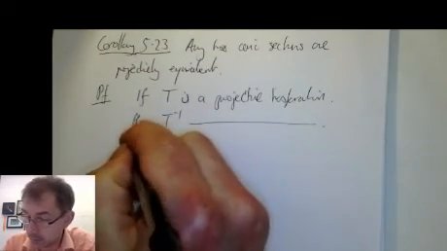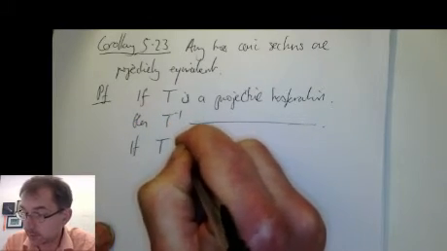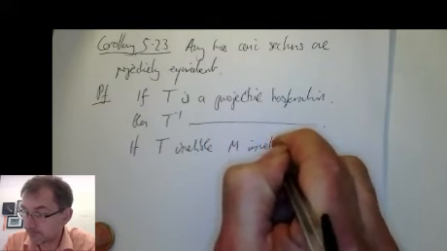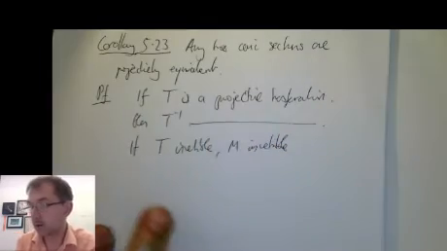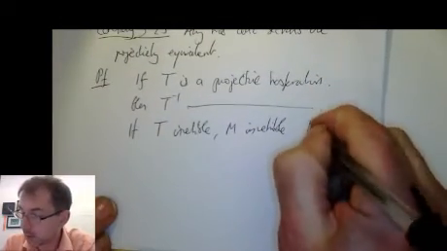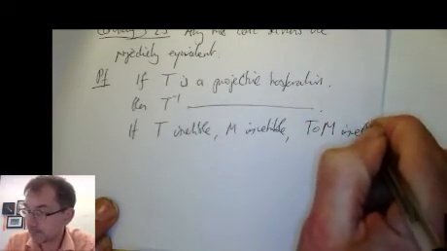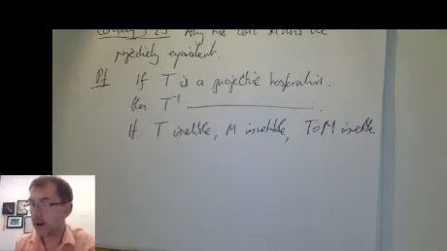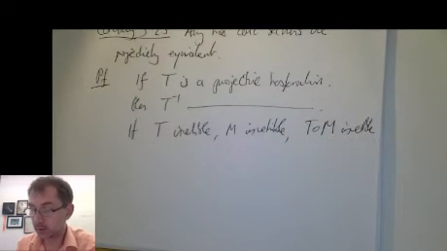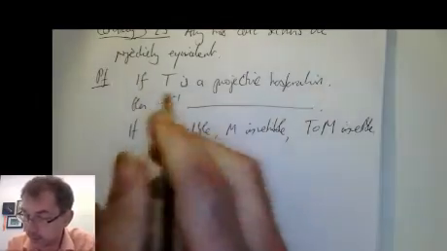And if T and M are invertible, then the product is also invertible. So take one thing to the circle, and use the inverse to take it to your other thing.